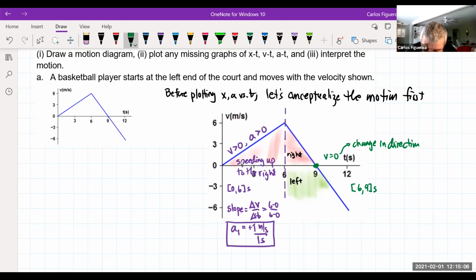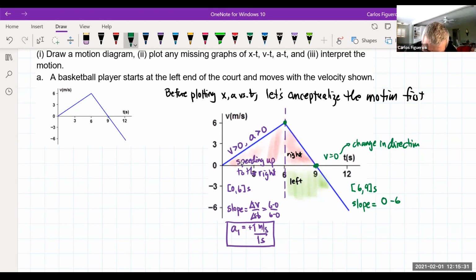For the interval between 6 and 9 seconds, let's look at the slope. I'm going to pick the peak and the point at 9. My speed at 9 seconds is 0, and my speed at 6 seconds is 6.